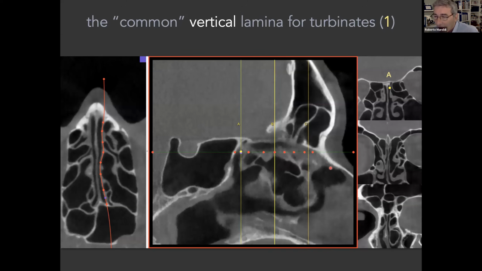There is, as I learned from the ENT surgeons, from Paolo Castelnuovo, a common vertical lamina for the turbinates that you can see there very well demonstrated. Hanging on this lamina are usually the middle turbinate and then the superior turbinate, but also the supreme turbinate.